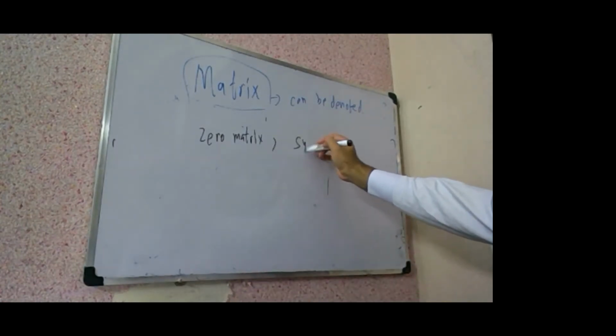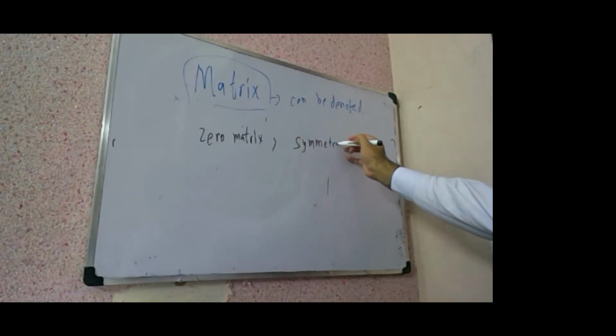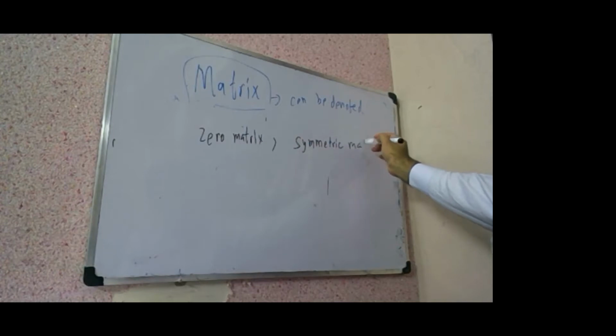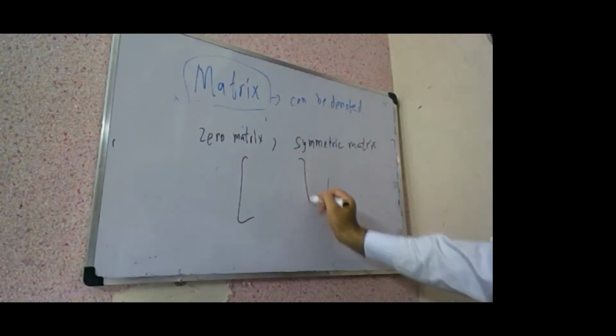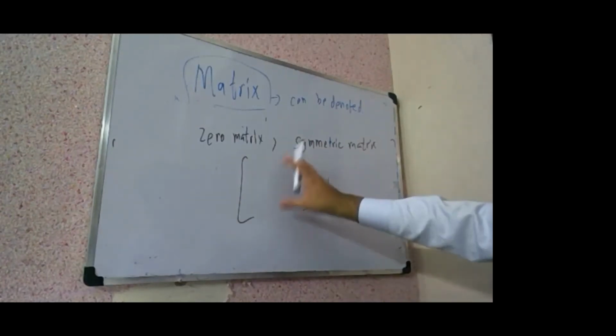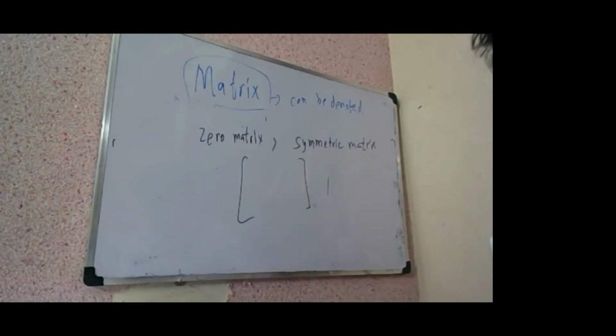Then there is the symmetric matrix. If a diagonal is drawn, we get two equal halves, meaning the rows and columns are divided equally in two halves.